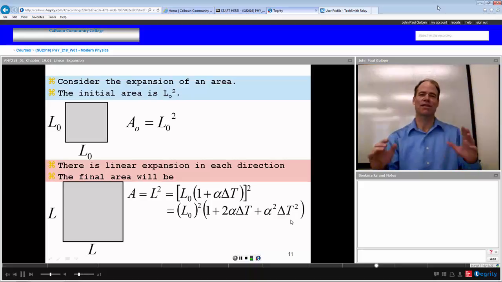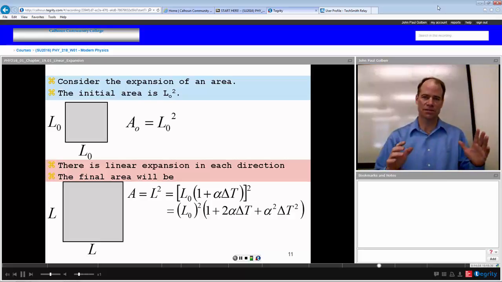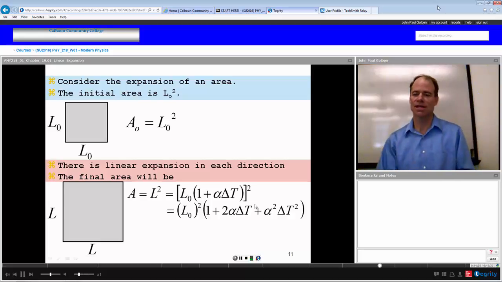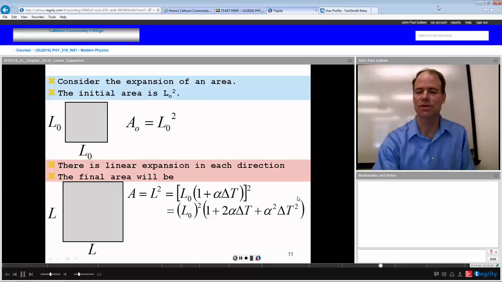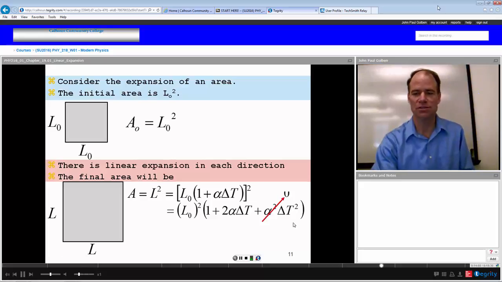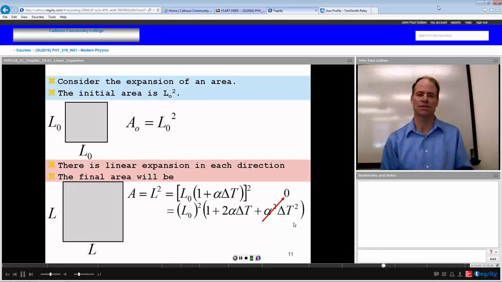Alpha squared will be 10 to the minus 6 squared, and delta T will be some number squared, but nothing in comparison to 10 to the minus 6. So this second term is going to be incredibly small, so small that it's basically insignificant compared to the other two terms. So we're going to just say that that is basically 0.